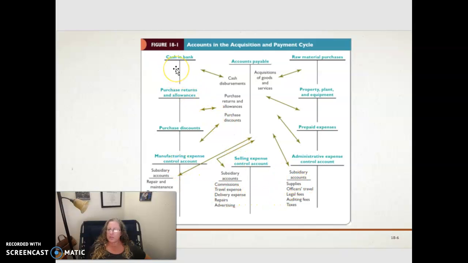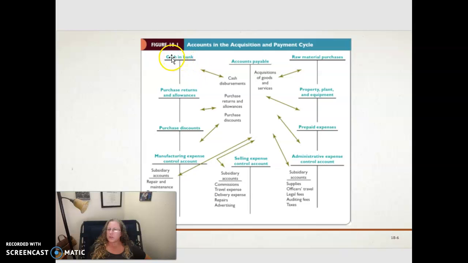So you have cash in bank, purchase returns and allowances, purchase discounts, manufacturing expense control account, also accounts payable, raw material purchases, property, plant, and equipment, prepaid expenses, administrative expense control account, and your selling expense control account. And some of these have subsidiary accounts, as you can see.